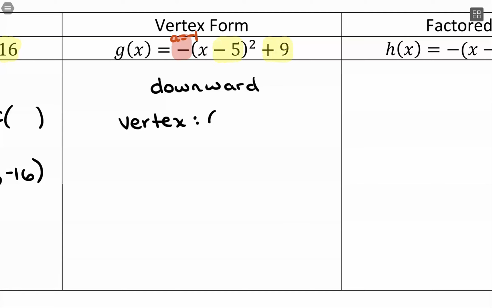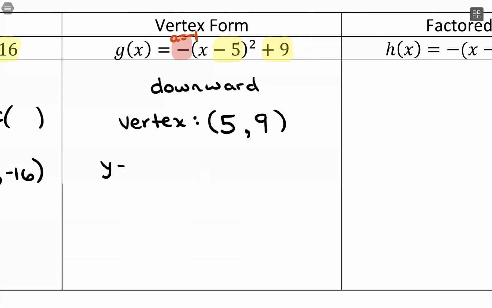Where I'm seeing -5 there, what we do, similar to what we did with the absolute value functions, is that we switch the sign. So even though I see -5, the x-coordinate is going to be +5. We switch the sign there, but then for y it stays exactly the same. So what I see from this is a vertex of 5, 9.